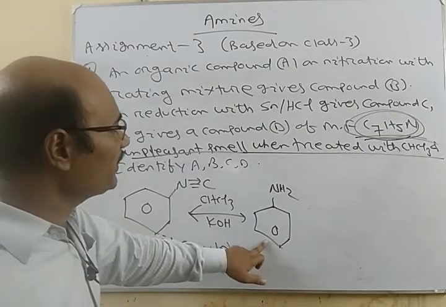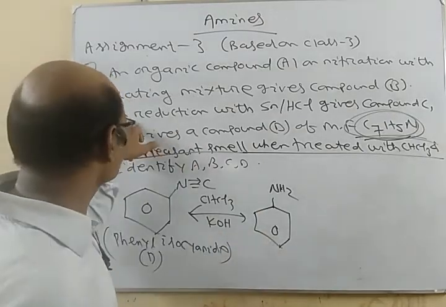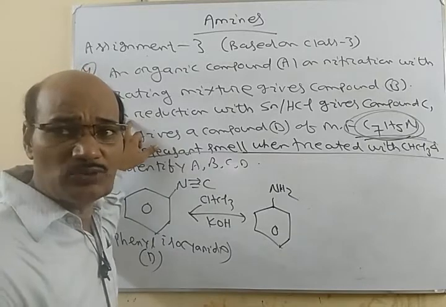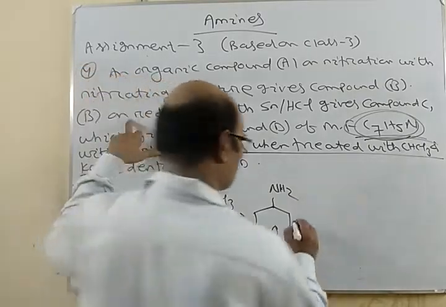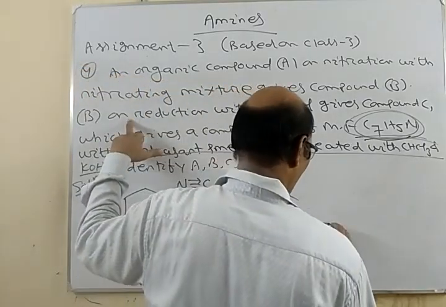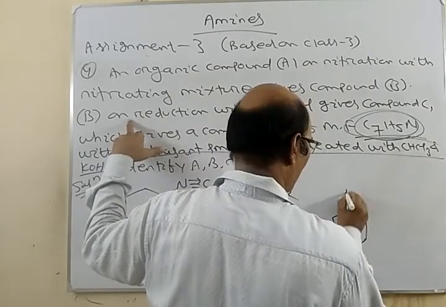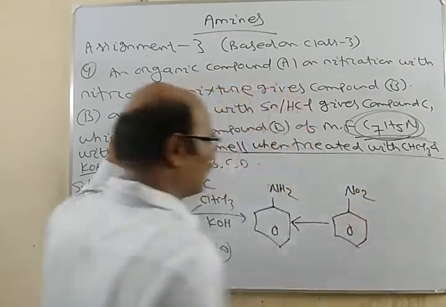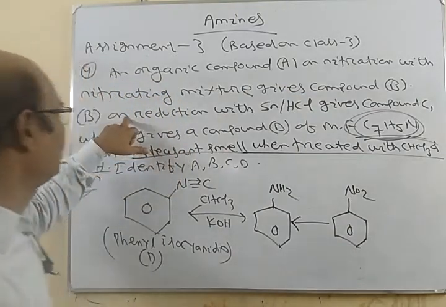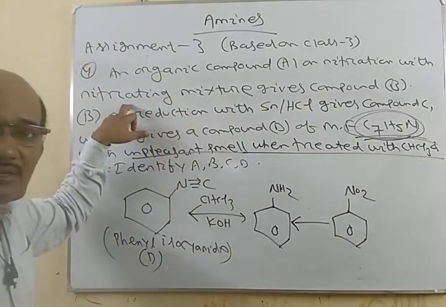Now this amine I am getting by reduction with Sn from B. So B is nitrobenzene. And this B I am getting from A when treated with the nitrating mixture.